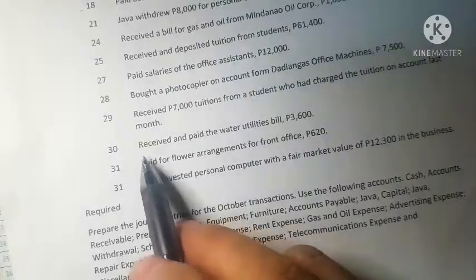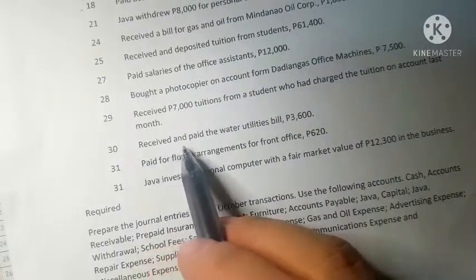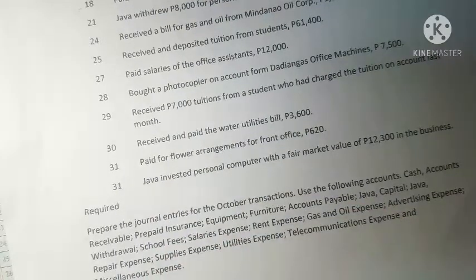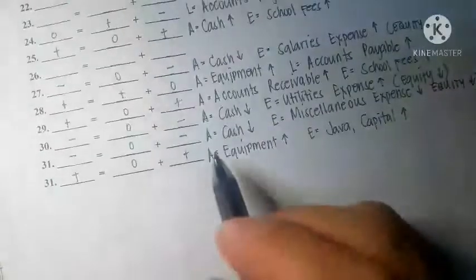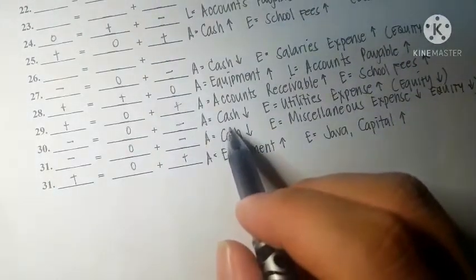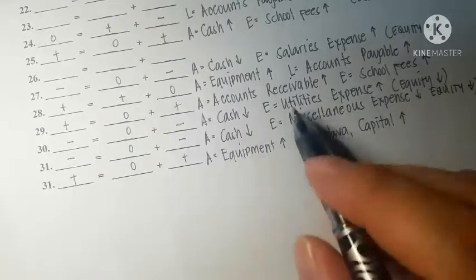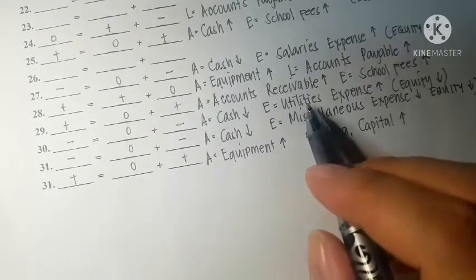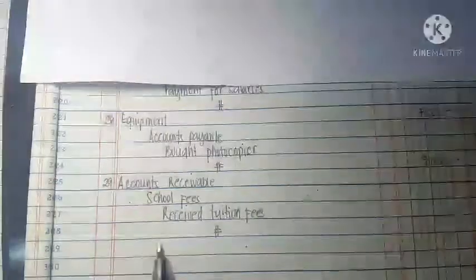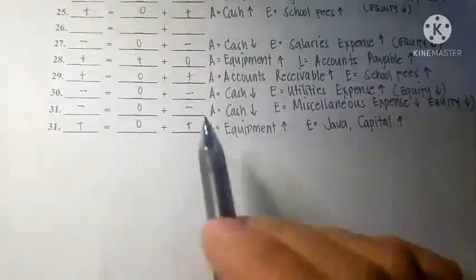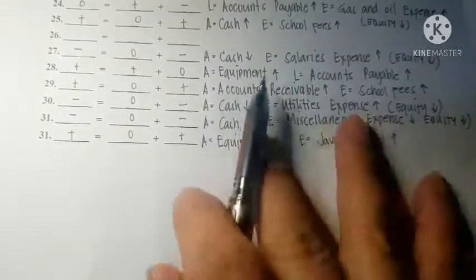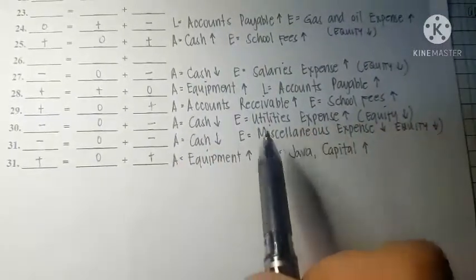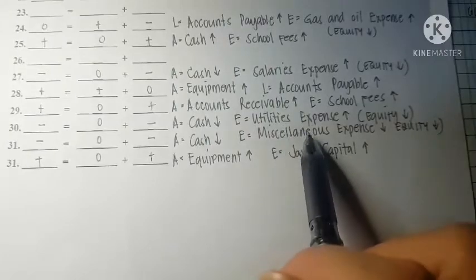Next, October 30, received and paid the water utilities bill for 3,600. There is a decrease in assets, particularly cash, and a decrease in equity, particularly utilities expense.